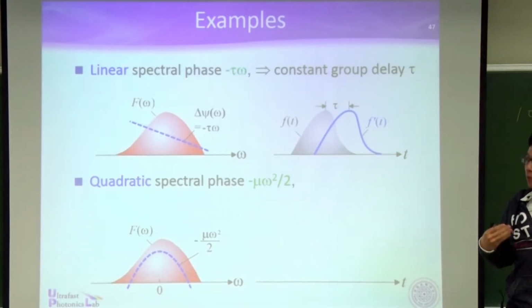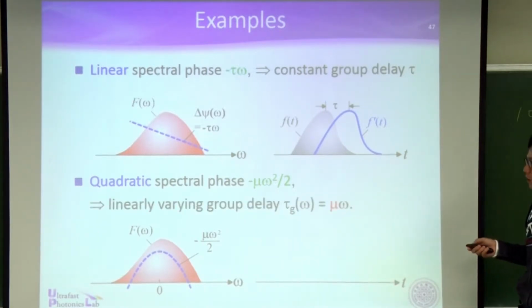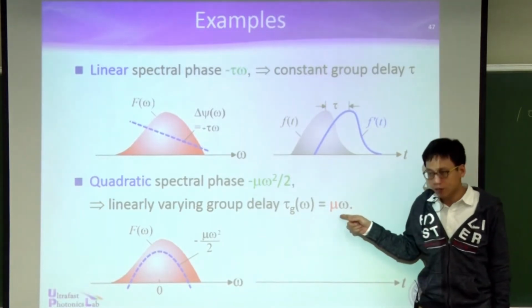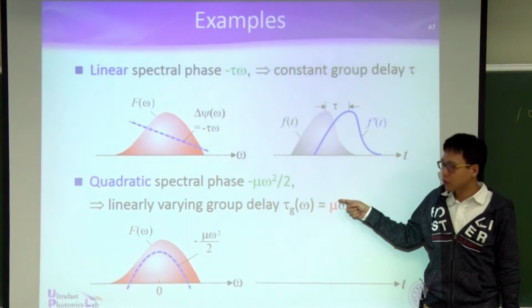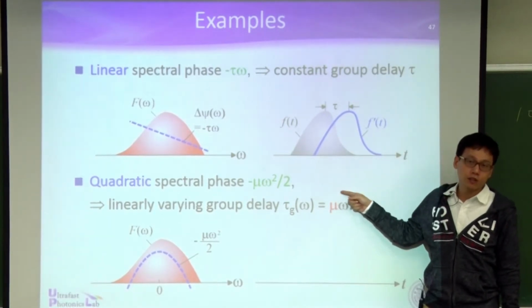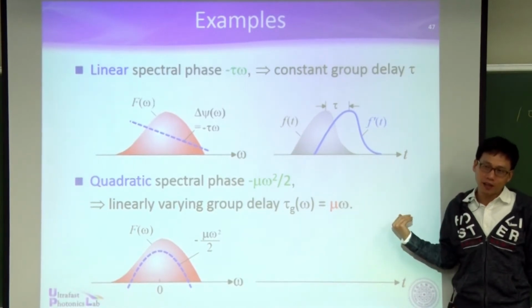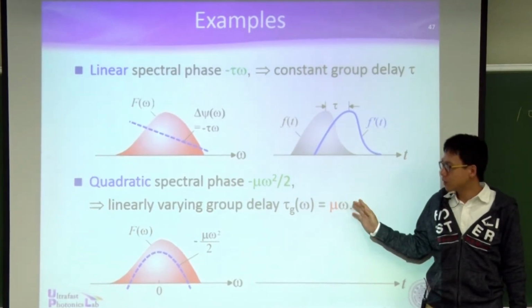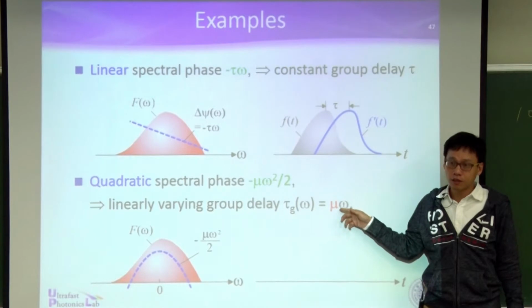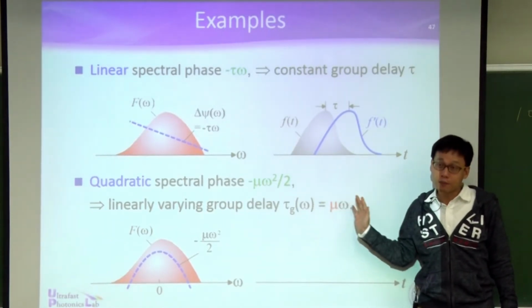Again, you have to apply first order derivative, right? So if you perform first order derivative, you got a linearly varying group delay function, mu times omega. Mu is a positive number. So it implies the larger the frequency, the larger the delay. Larger delay means later time, right? Smaller frequency, smaller group delay means earlier time.